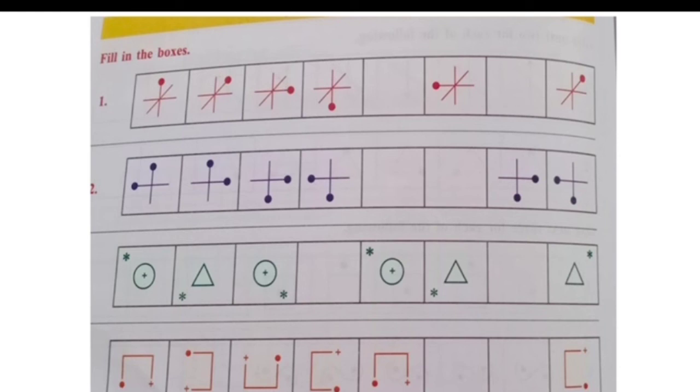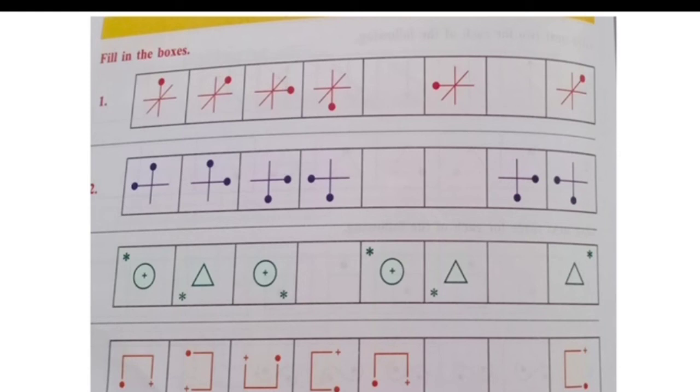Got it? So like that we can see star is left hand side but upper side, circle in between and in that plus, then star is left hand side but downside, and there is a triangle.